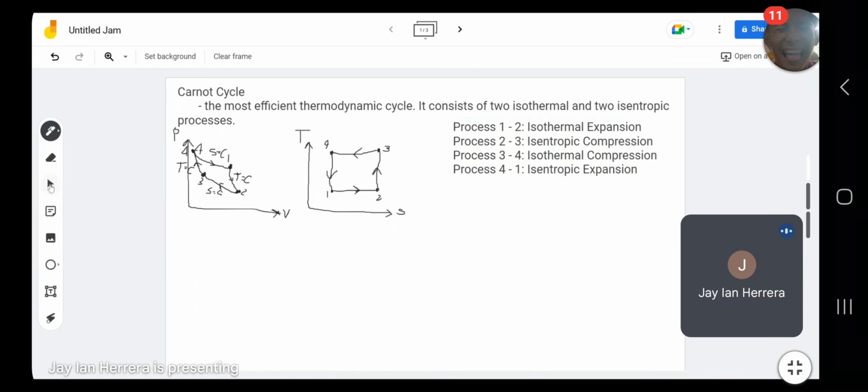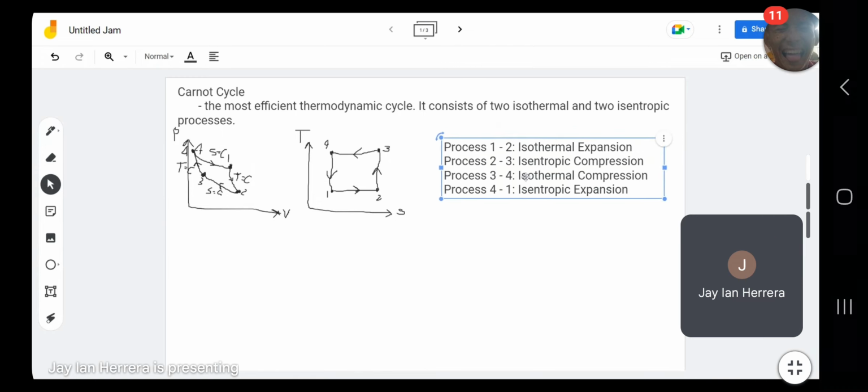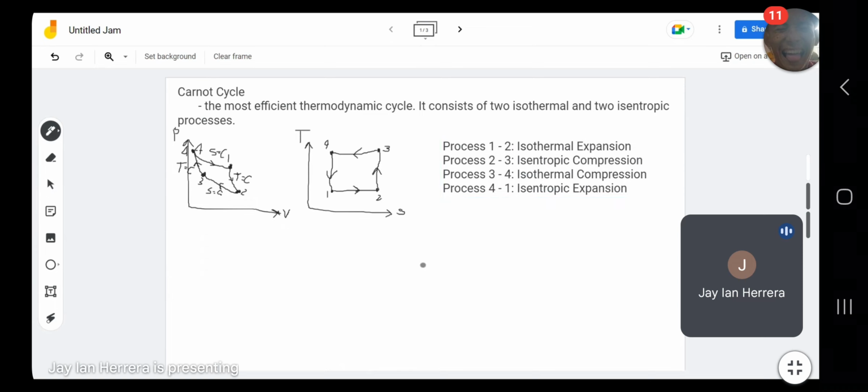Okay. This is the summary of the PV and TS diagram. So recall natin yung pinakauna kong sinabi, yung first law. Diba? Kasi we have a body here.